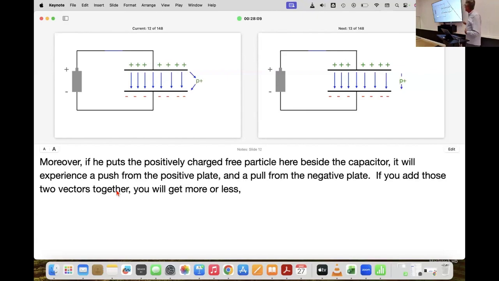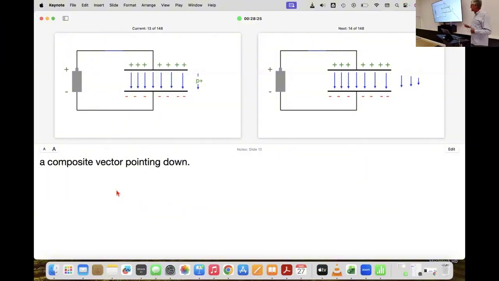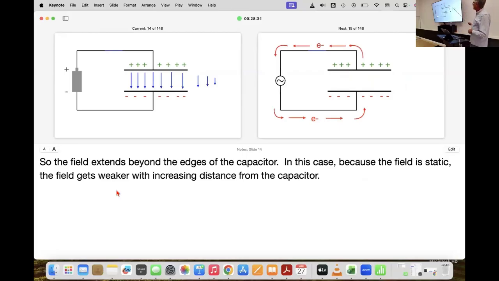Moreover, if you put that positive charge out here, there's still some field lines out here, and there's this vector here pushing on the particle, and this vector here pulling on the particle. And when you add those 2 vectors together, more or less, you get a composite vector pointing straight down. And if you go out a little further, you still see some field lines, but they get weaker and weaker. So that's the static situation with what we call direct current.